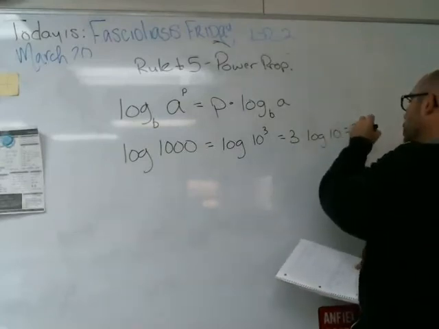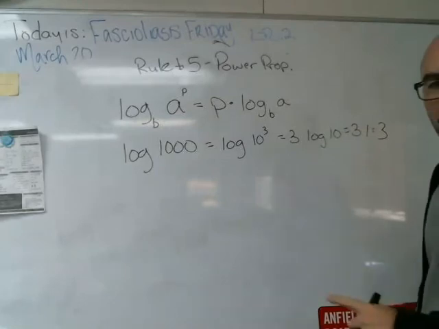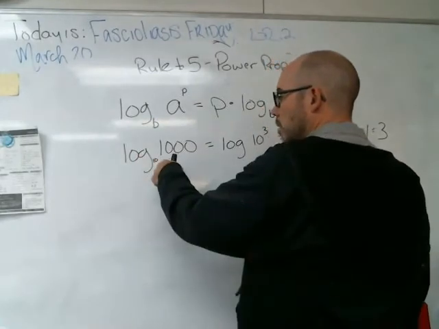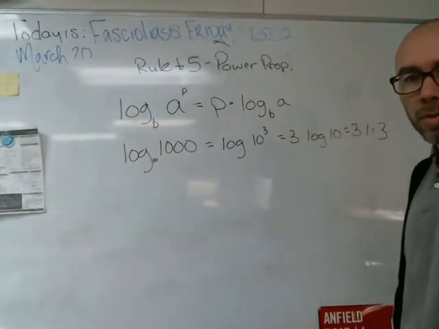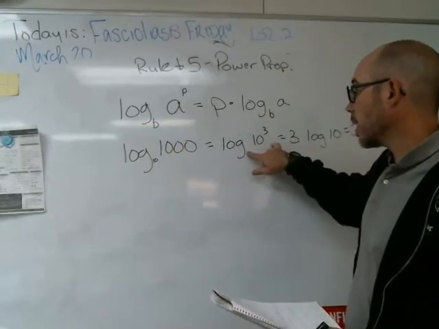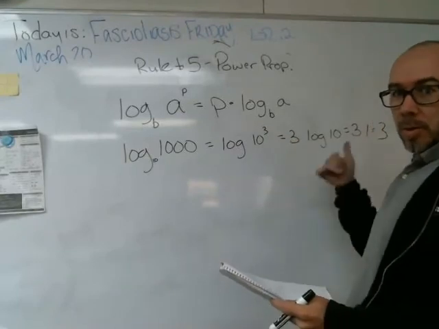So I'm looking at 3 times 1, which is 3, for my answer. Well, that jives with this at the beginning. This is log 10 of 1,000, and the answer was 3. So if I can rewrite it and get the base and the number to match, then there's my answer. That was one of the previous rules.